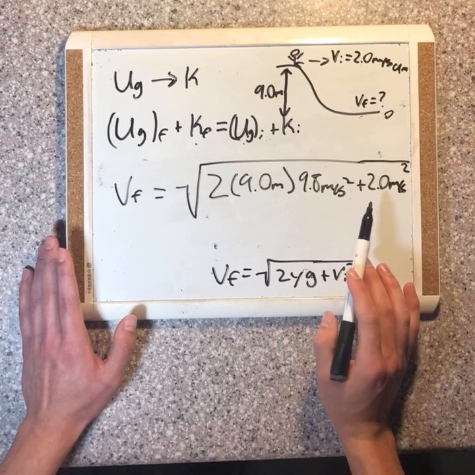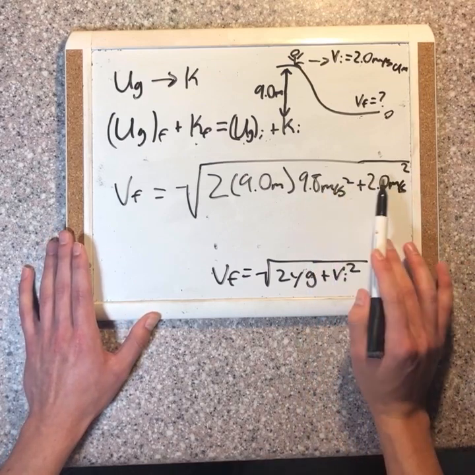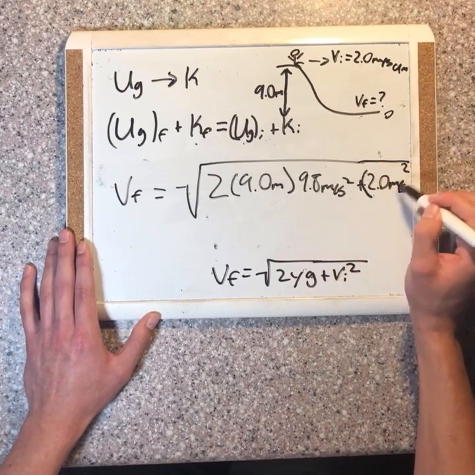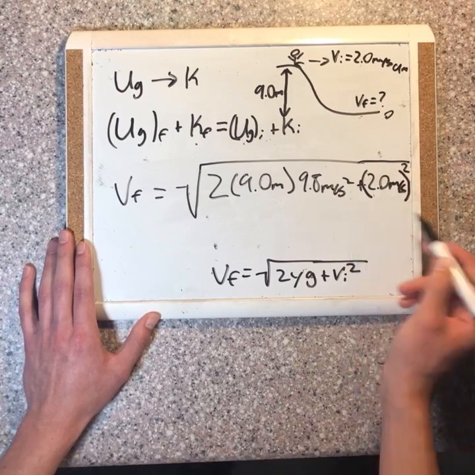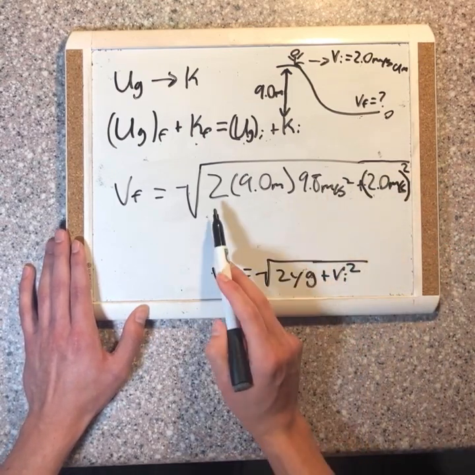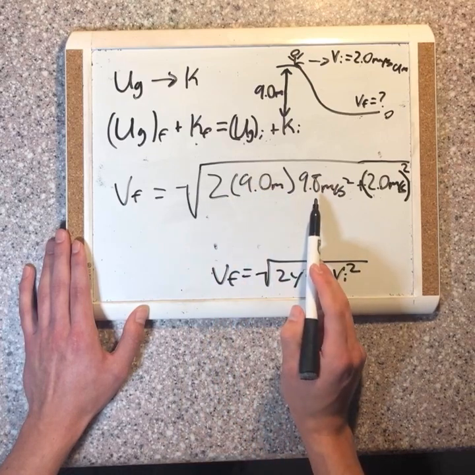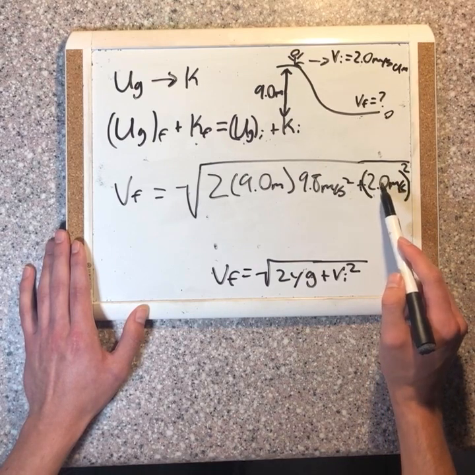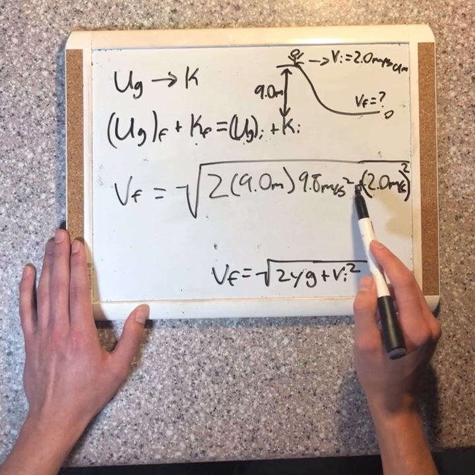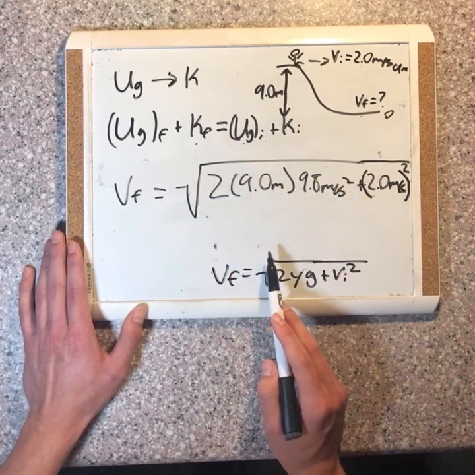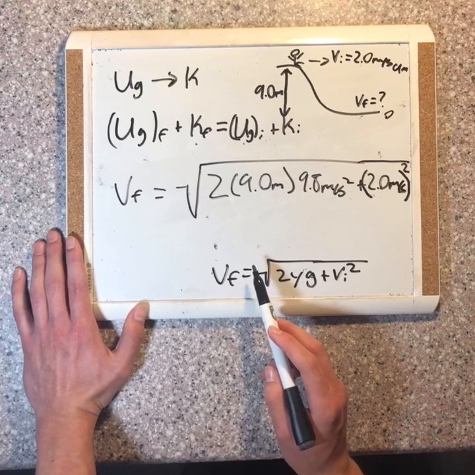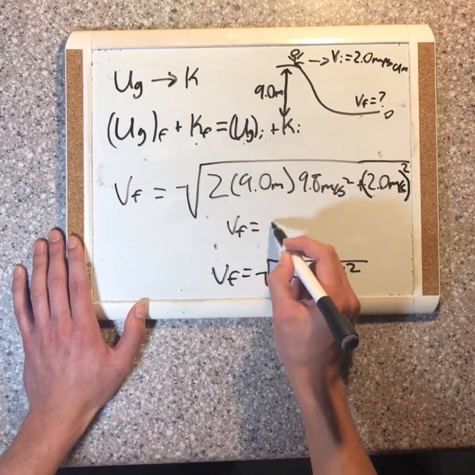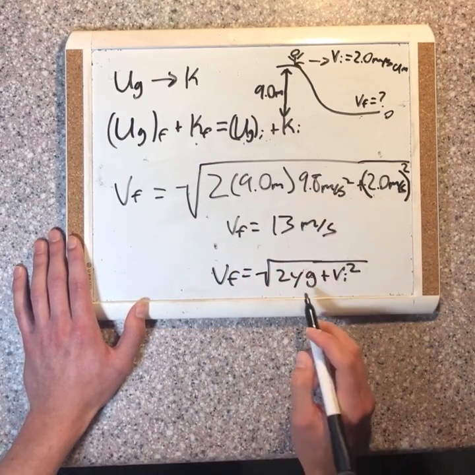Just a quick note, make sure to keep these straight: this value here is going to be squared, and the square in the unit is part of the unit. So if it helps you, put this in parentheses to know to square it. We multiply 2 times 9 times 9.8, then add 2 squared, and take the square root of the whole thing. And that should give us 13 meters per second. So v final should equal 13 meters per second.